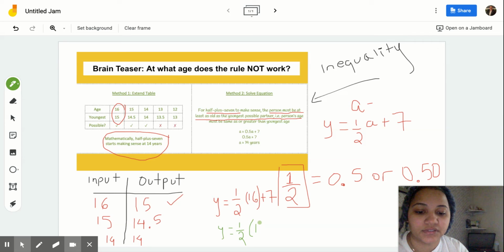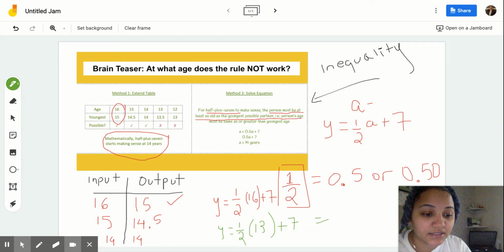So when I input 13 plus 7, and we can use a calculator, guys. You have that as a tool, and you should always, when possible, use a calculator. Half of 12 is 6, so half of 13 is 6.5. If I add 6.5 and 6, that's 12.5, and then if I add that other half, that gives me 13.5.